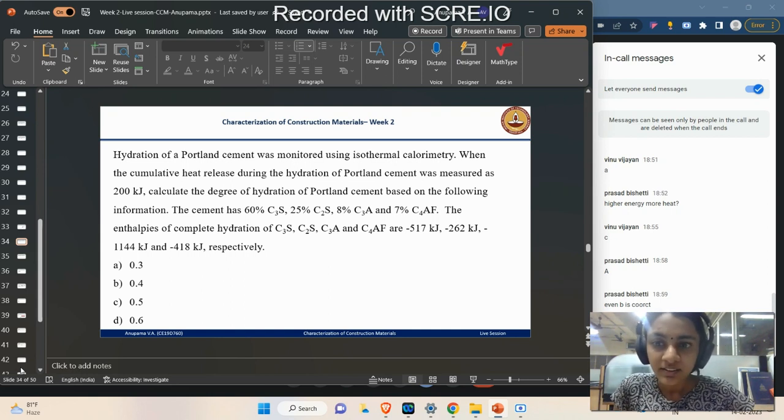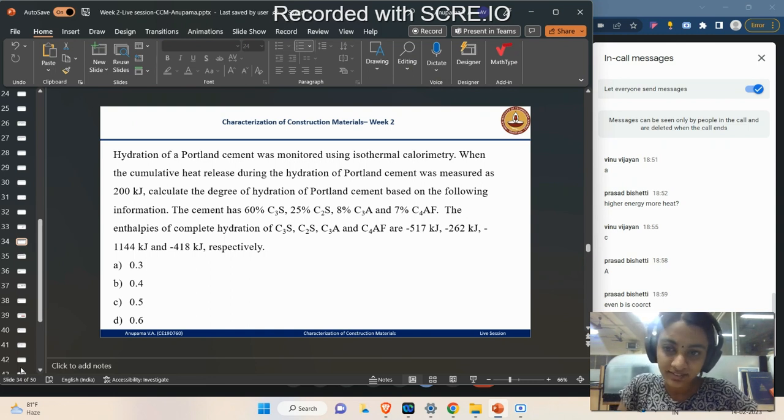Here the composition of the cement is given. C3S is 60 percentage, C2S is 25 percentage, C3A is 8 percentage, C4AF is 7 percentage. So this is the composition of the particular Portland cement. And the enthalpies are also given. Enthalpies of C3S, C2S, C3A and C4AF are also given in the last line.